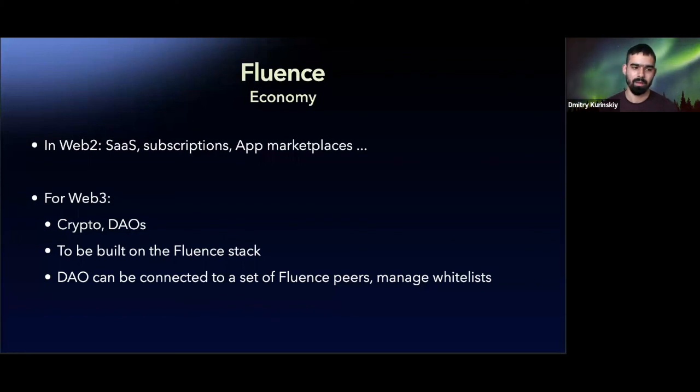We want to implement some mechanics later as a part of the Fluence stack, but if you have a DAO on some blockchain, with limited effort you can connect this DAO to Fluence peers with, for example, a managed whitelist. That's work in progress, but will be soon, and that's also important.